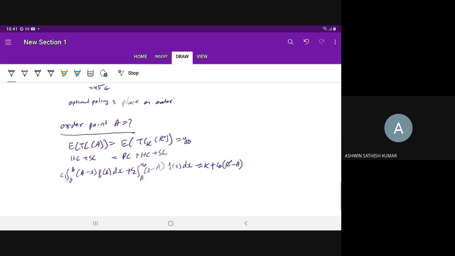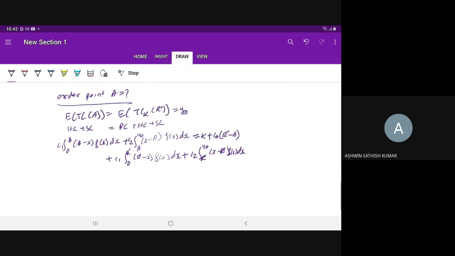So R star minus A, plus C1 integral 0 to R star of (R star minus X) fx dx plus C2 integral R star to 40 of (X minus R star) fx dx. So that is our equation from where we have to determine the value of the A.